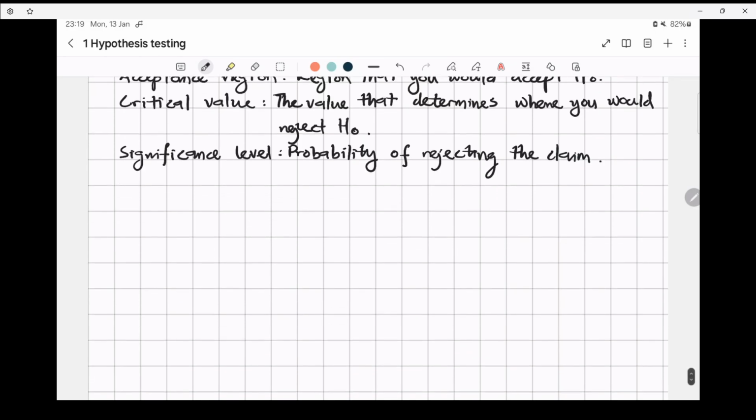Let's say this is your bell curve. If your significance level is 5%, then this part should take around 5%, and the dotted line here is the critical value.